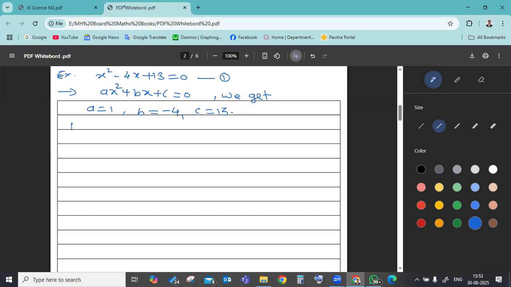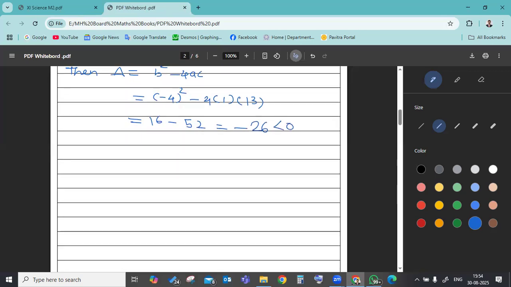Then delta equals b square minus 4ac, which is 16 minus 52, which is minus 36, less than 0. Therefore, the roots are not real numbers.